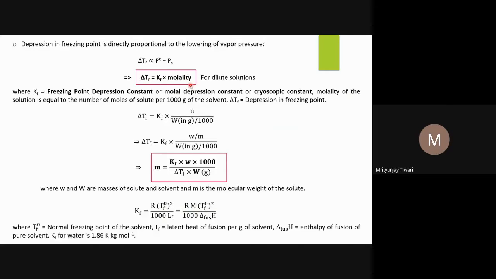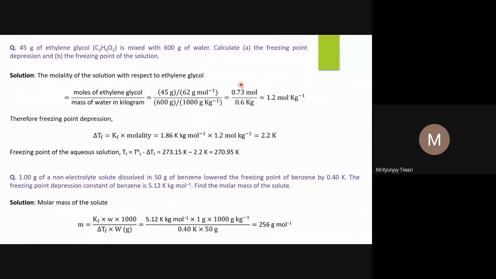Molality is mole per kilogram. So the kilogram, which is in the division, will go into the multiplication, and the mole, which was in the numerator, will go into the division. So this is what we get. You can define the unit from this equation and find out the unit of Kf as well. It is easy to find out.